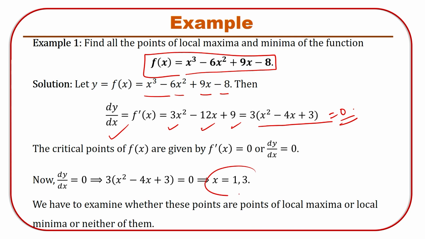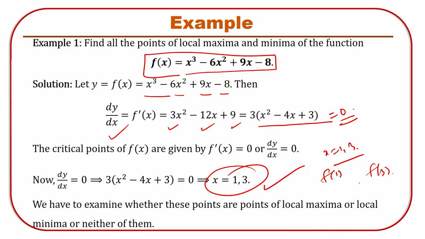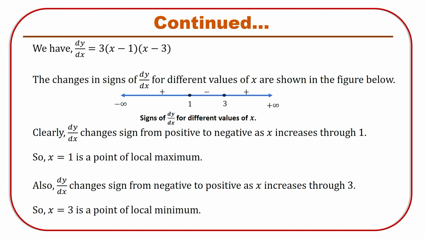So, this will give you x equal to how much? x equal to 1 and 3, right. Now, find out f of 1 and f of 3 first. But we have to use the first derivative test. Therefore, I have to find dy by dx and see whether it changes sign or not.